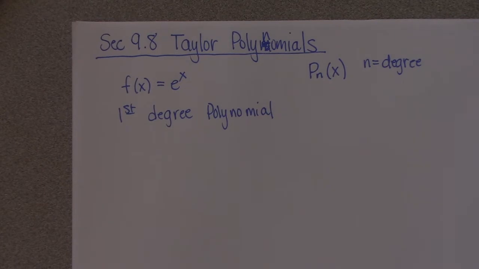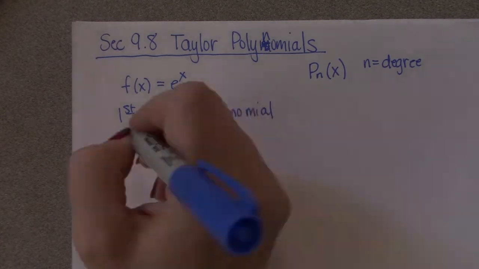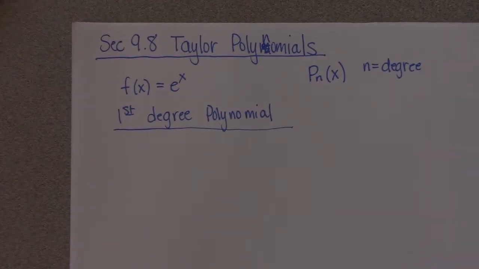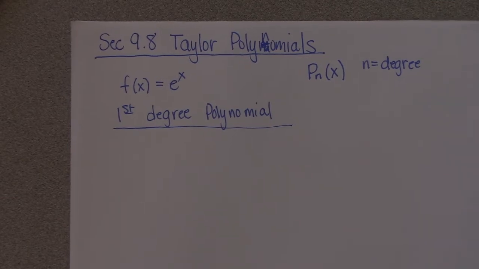If we want to take the first degree polynomial, it makes a lot of sense for some of these functions to build them around a value that we can easily evaluate. For e to the x, the obvious choice is x equals 0, because we all know e to the 0 is 1. For ln of x, the obvious choice would be 1, because everybody knows ln of 1 is 0.